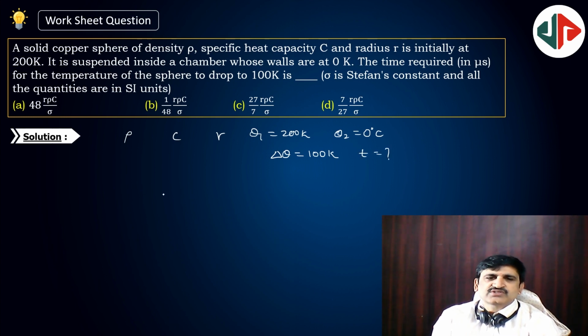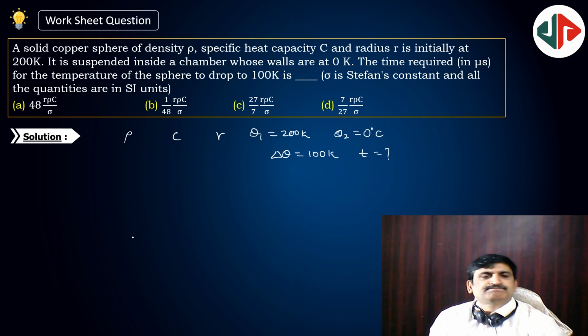So we will use Stefan's law formula, that is rate of heat transfer. We can go for the complete derivation. Stefan's law we have to use, and the rate of cooling also we need to use, so both we need to use.